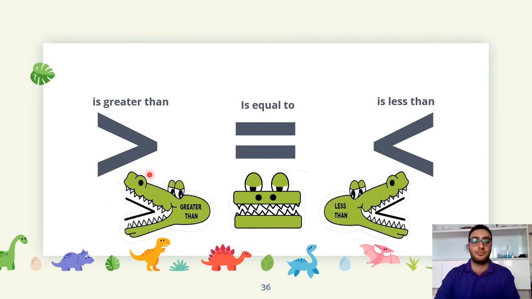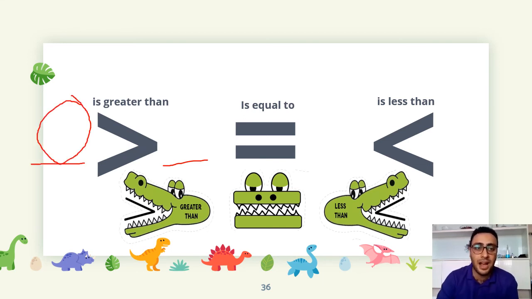Imagine we have one number here and one number here. If the bigger number is on the left side, the crocodile eats the bigger number, and we say this number is greater than that number.